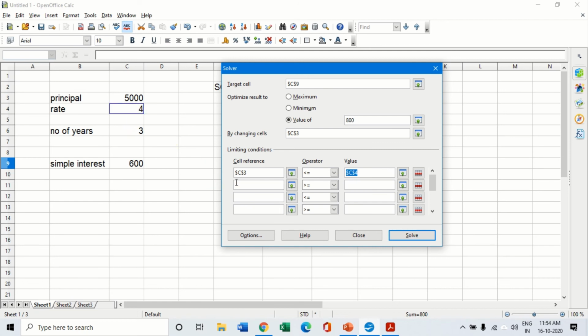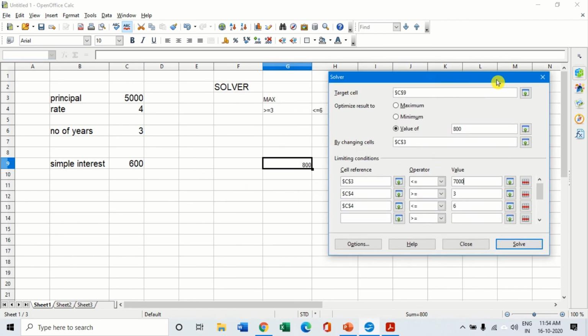Here I click on rate of interest, and this cell can be greater than or equal to 3, but also it should be less than or equal to 6. So these are my conditions, and I have set up the conditions which I want over here.